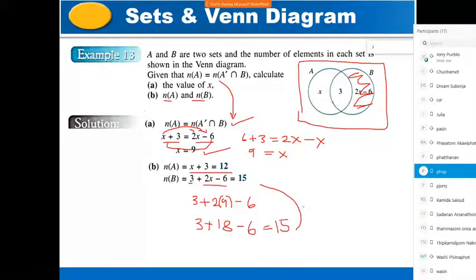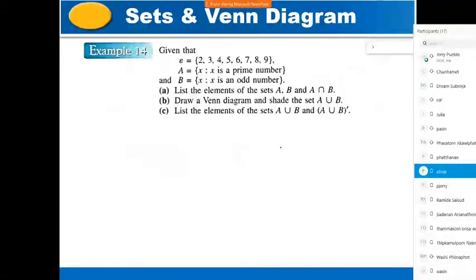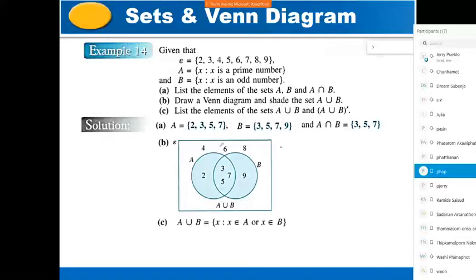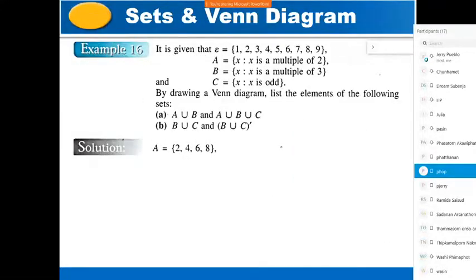Understand? Okay. I will discuss union next meeting, about the union of sets, because we don't have time already.